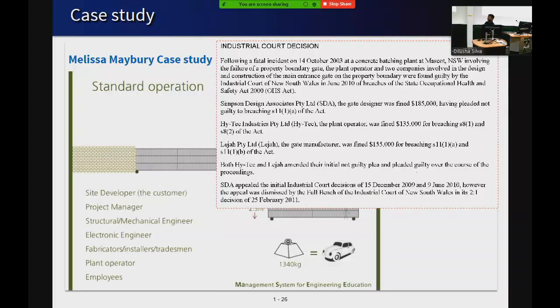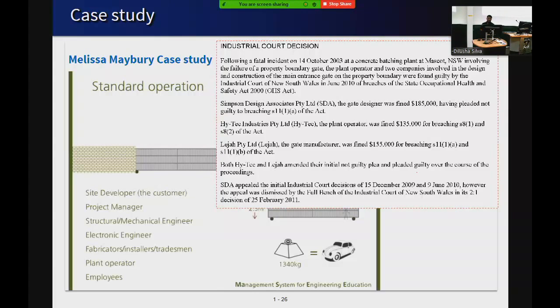Generally there are legal proceedings after something like this. The consequence was Simpson Design Associates, or SDA, the gate designer, was fined $185,000. High Tech Industries, the plant operator, was fined $135,000 for breaching various parts of the Act.